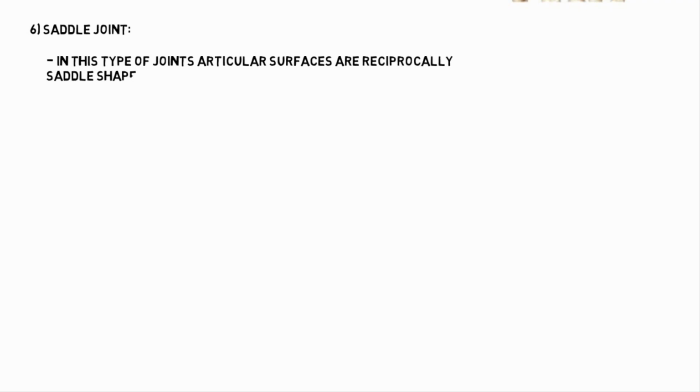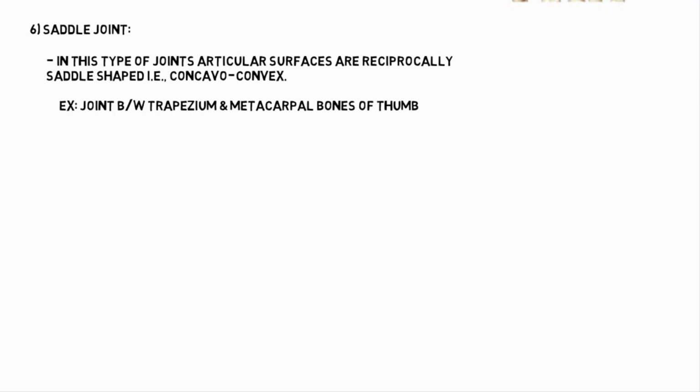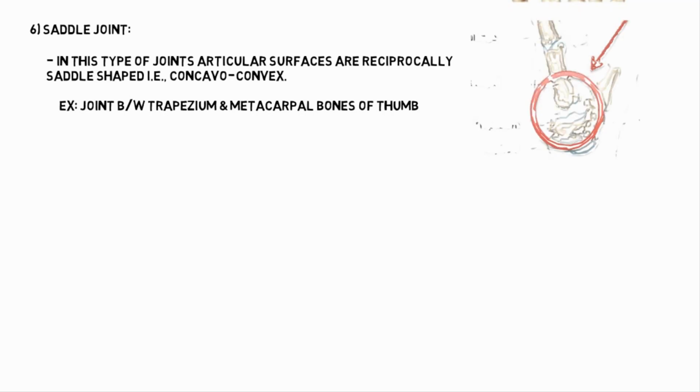Next type of joint is the saddle joint. In this type of joint, articular surfaces are reciprocally saddle shaped, that is concavo-convex. Examples are the joint between the trapezium and metacarpal bone of the thumb, and the sternoclavicular joint.